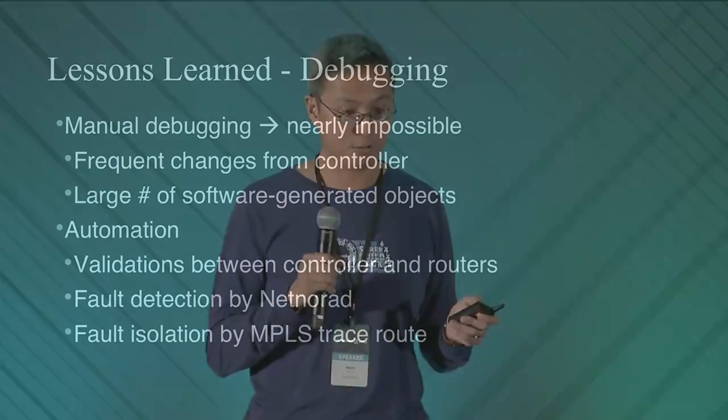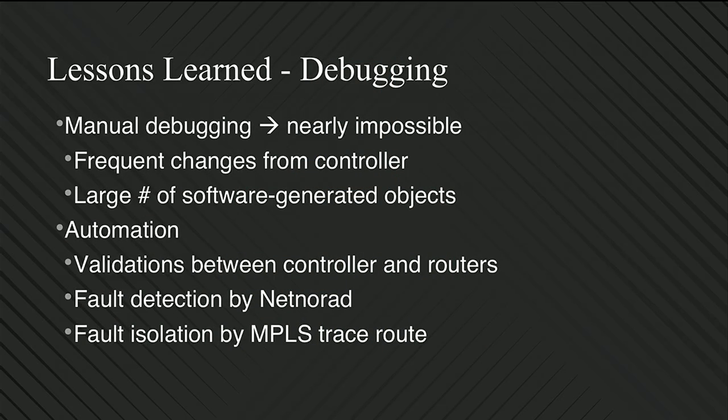The second lesson that we learned is that manual debugging is nearly impossible. Trying to debug this through the CLI is time-consuming and very difficult because the controller reprograms network objects quite frequently, and it also creates a large number of network objects on the boxes. So the troubleshooting was really difficult.